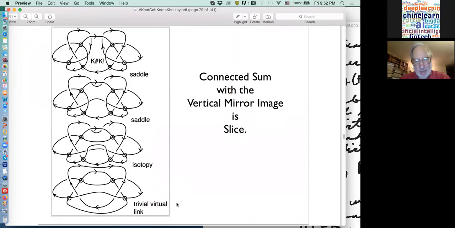And here is a picture of that happening. I go through this saddle point. Then I look at it and I decided, what did I decide to do?